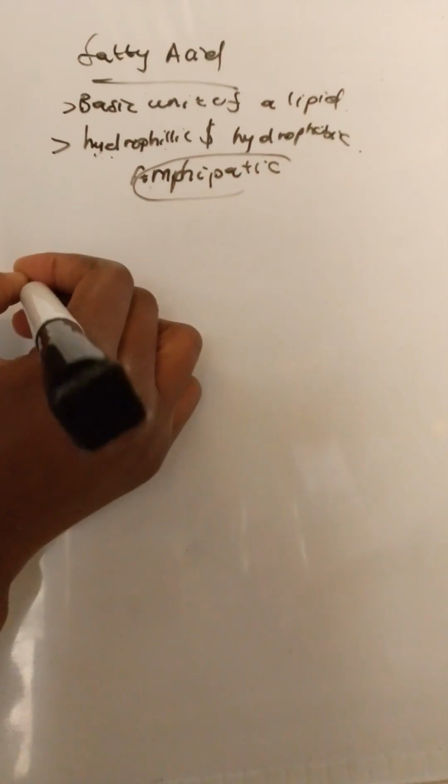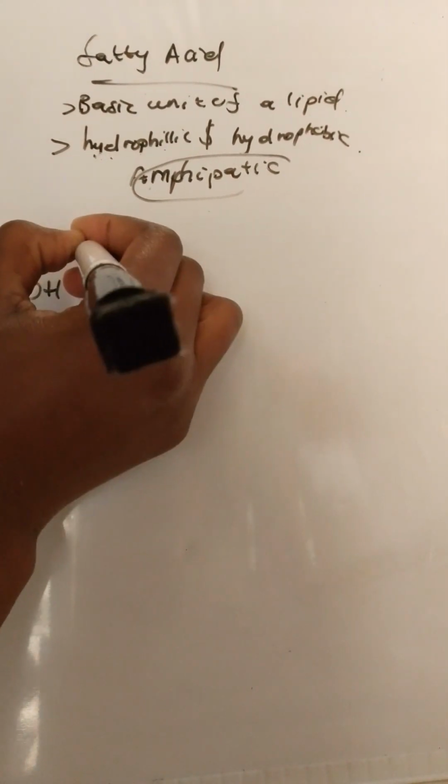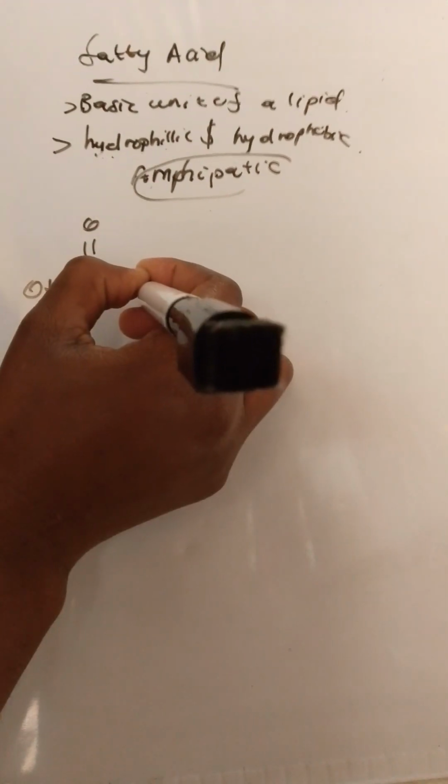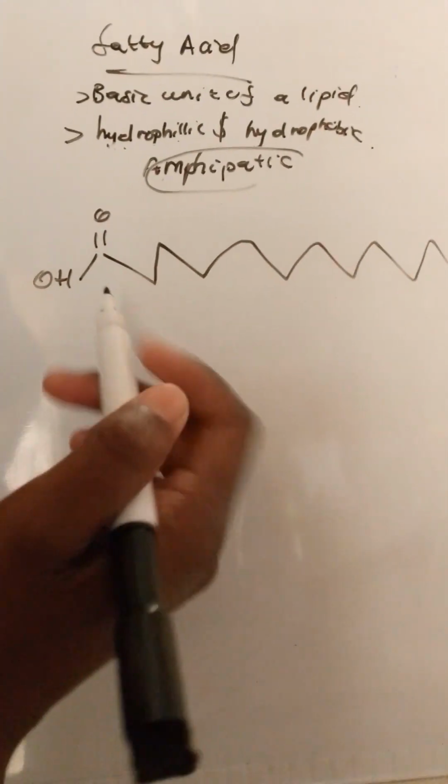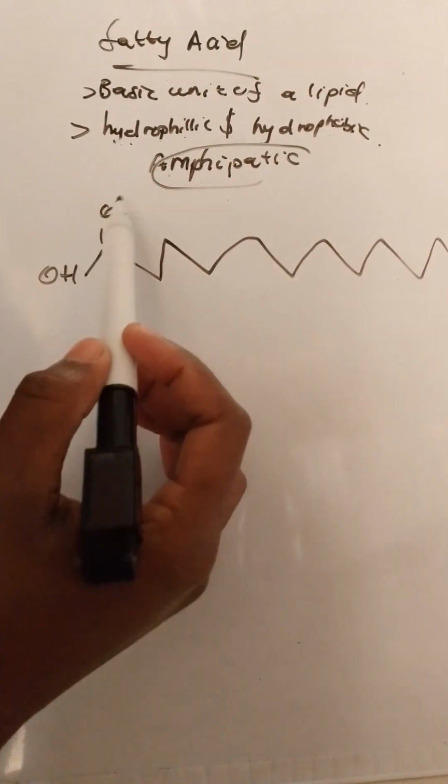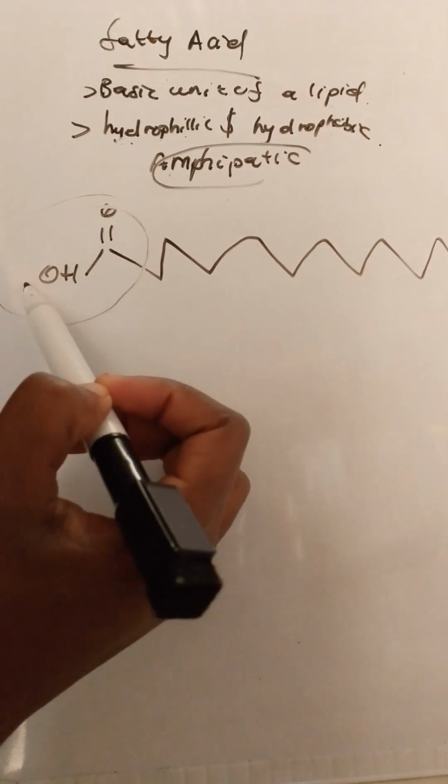So where do we find the hydrophilic and the hydrophobic parts on the fatty acid? A fatty acid can be something like this. This is the structure of a fatty acid. You need to note down that a fatty acid consists of a carboxyl group.